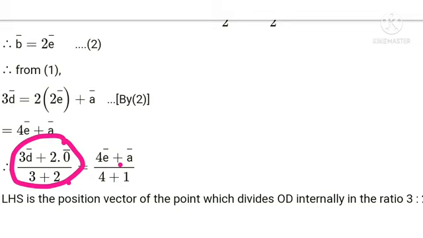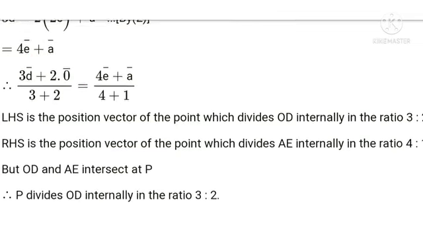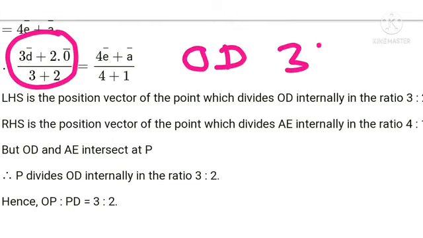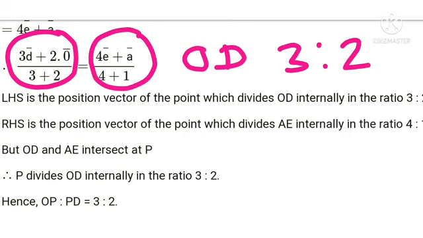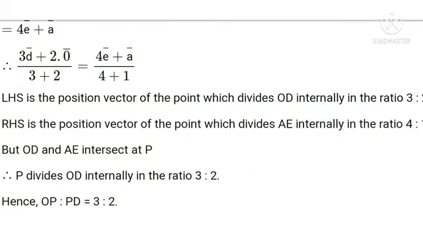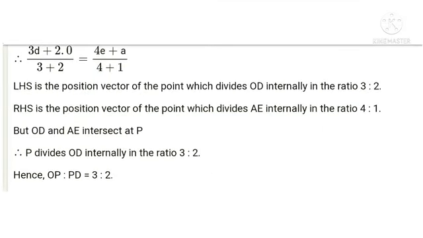And RHS implies AE divides in the ratio 4:1. But OD and AE intersect at point P, so P divides internally in the ratio 3:2. Hence we get OP is to PD is equal to 3:2.